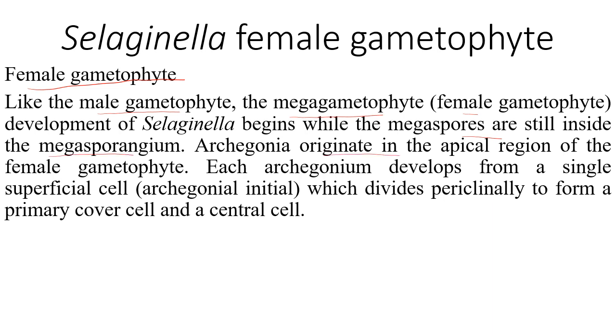Archegonia originated in the apical region of the female gametophyte. Each archegonium develops from a single superficial cell, that is called an archegonial initial, which divides periclinally to form primary cover cell and central cell. The details we will see on the next slide.